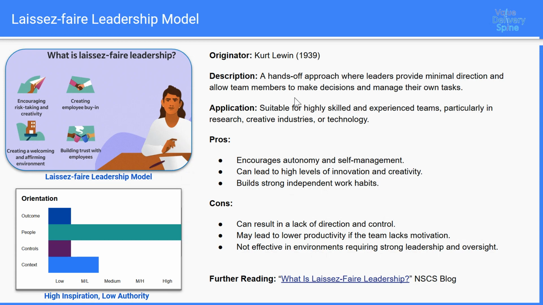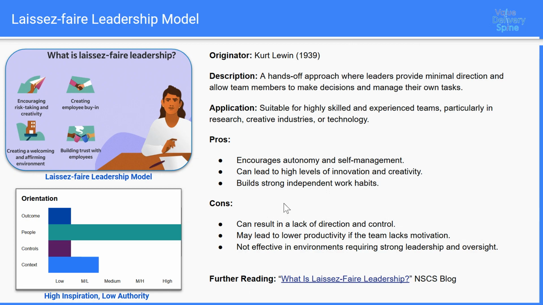It's suitable for really highly skilled people and experienced teams that know what they're doing, know what they're going after, particularly good for research, creative industries, or technology, because you're working as highly capable individuals in a team to get things done. The pros are that it encourages autonomy and self-management and can lead to high levels of innovation and creativity with strong independent work habits, because everybody's autonomous in this model.